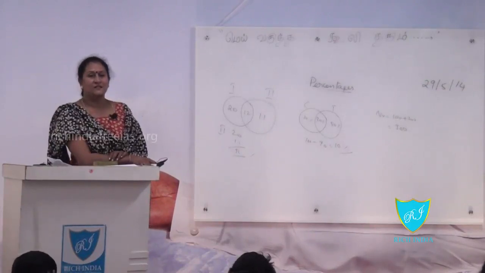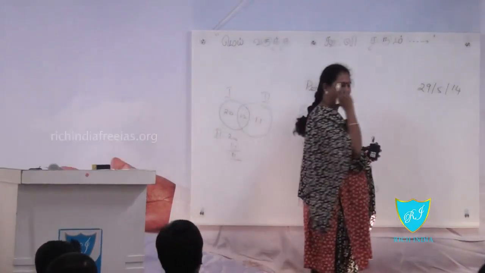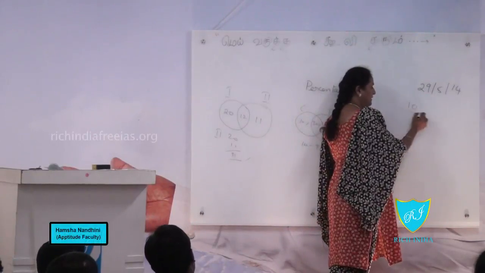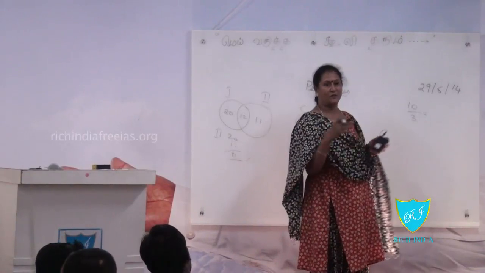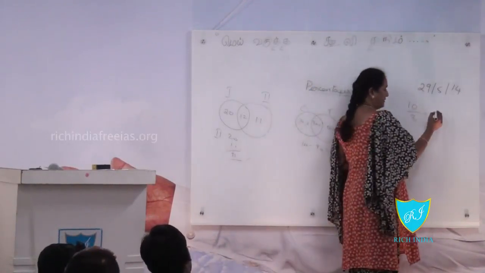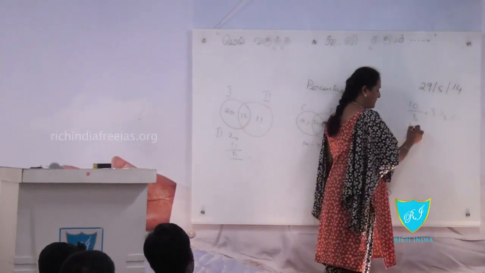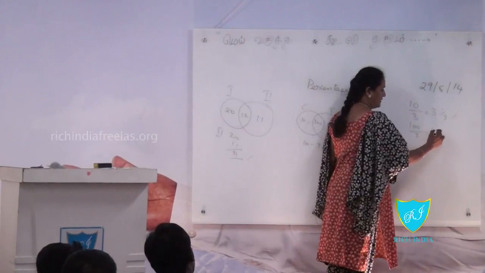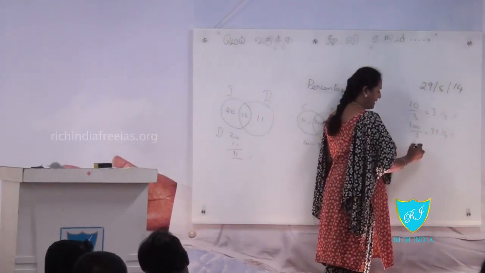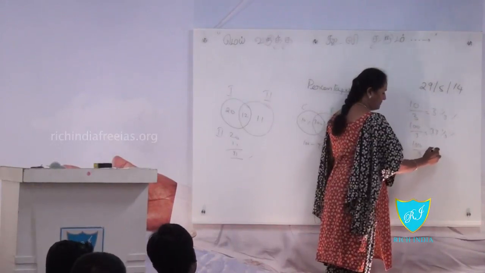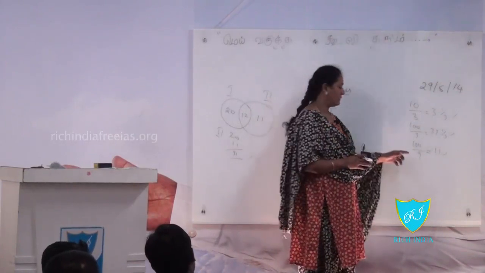So, the 17th question. First, a quick reference for percentages. When you have 10 by 3, the percentage will be 3 1 by 3, that is 3.3. If it is 100 by 3, it is 33 1 by 3%. When it is 100 by 9, it is 11.11, approximately 11.